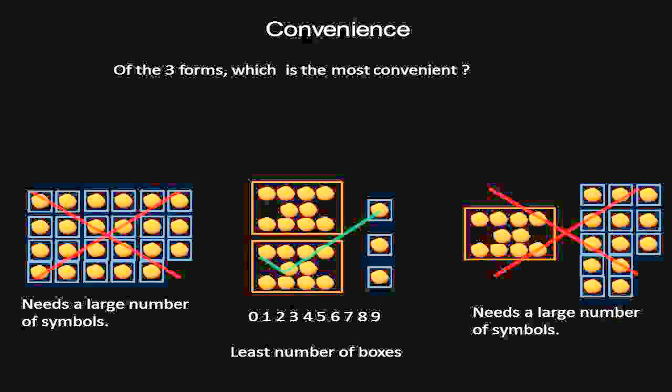What this number represents is the number of unique symbols that you will need to represent the numbers in the number system. So the system that we are going to choose uses the least number of boxes, hence the most efficient way of sending across from the shop to the home.